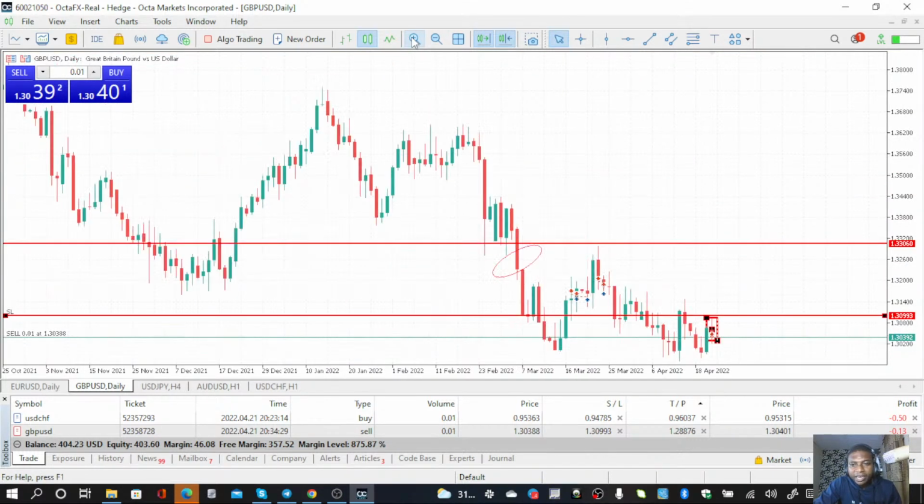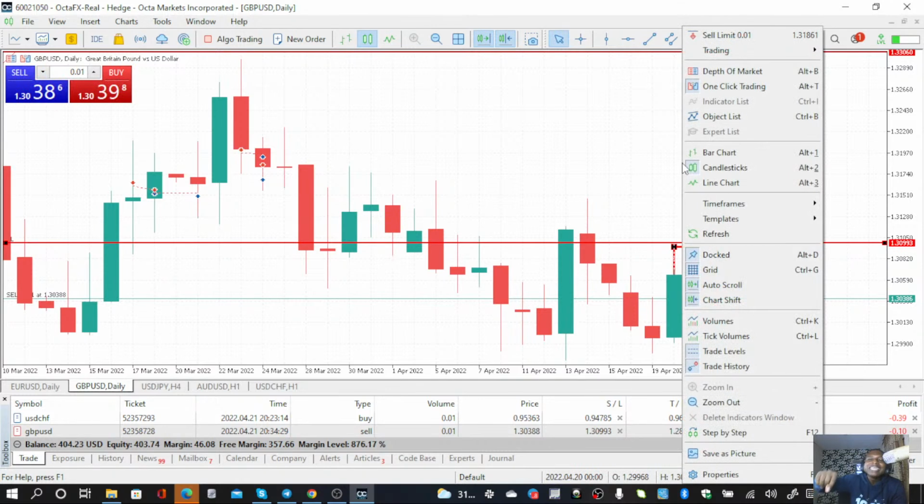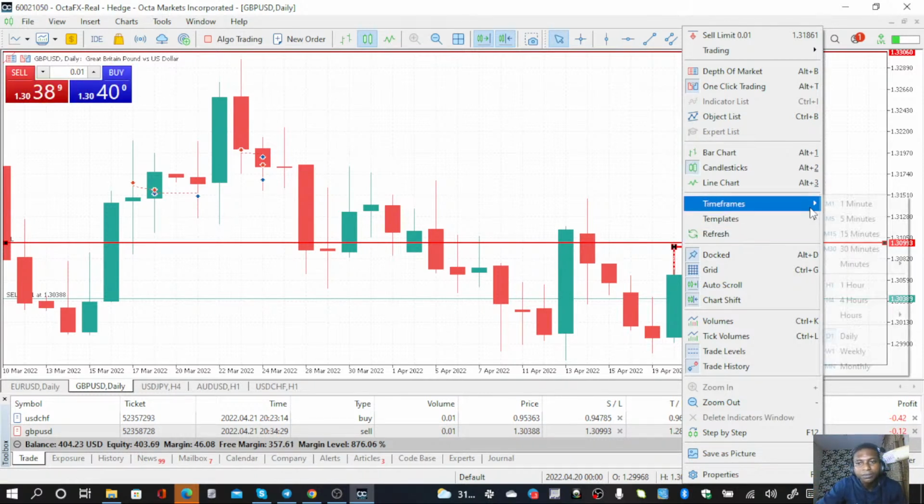As we can see here, this was happening within this box. Look at the candle on this daily time frame now. Look at this candle now, housing just one single box. Now you would see how many 1 hour candles are contained in this daily candle that is just forming now.